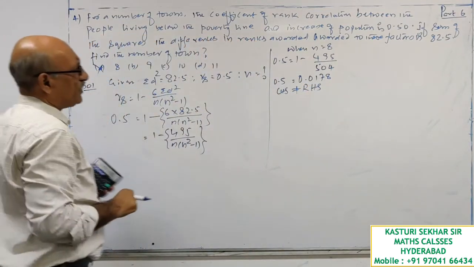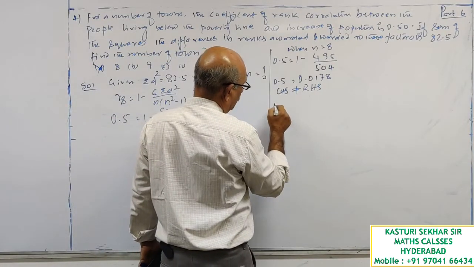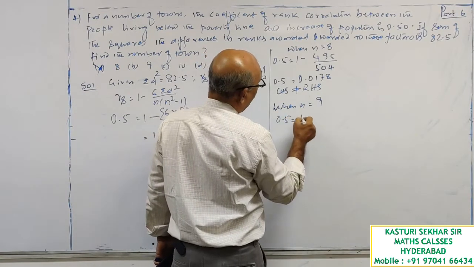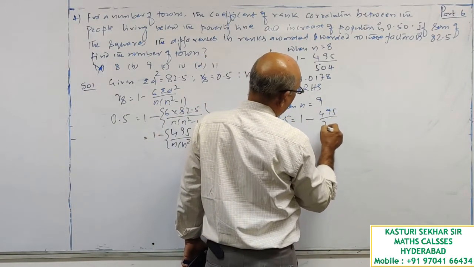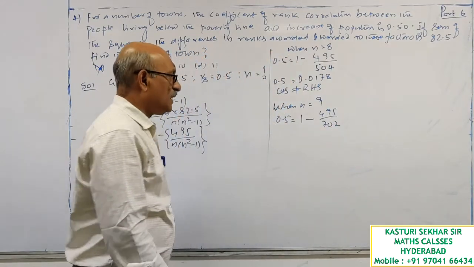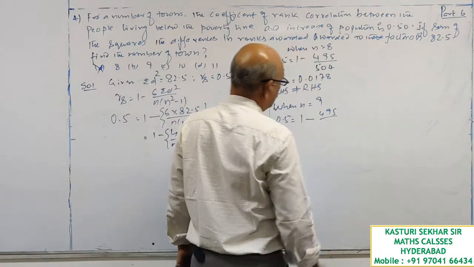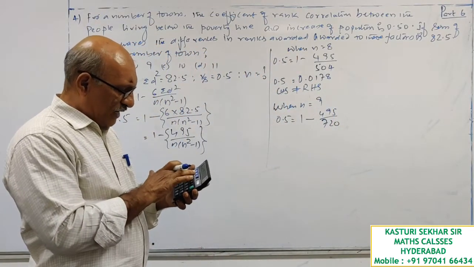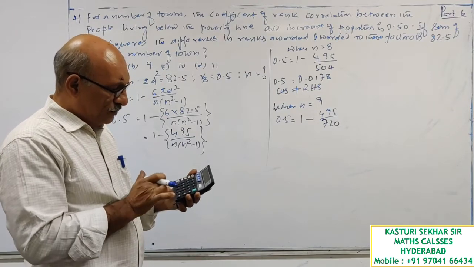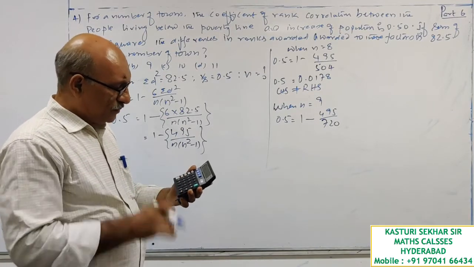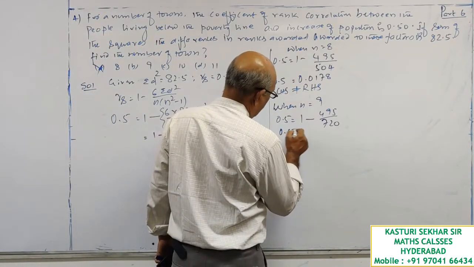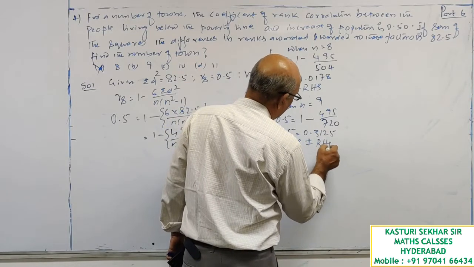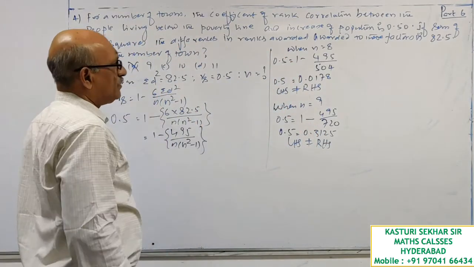Option A is not my answer. When n is equal to 9, 0.5 is 1 minus 495 by 720, which gives 0.3125. Left hand side is not equal to right hand side, so option B is not the answer.